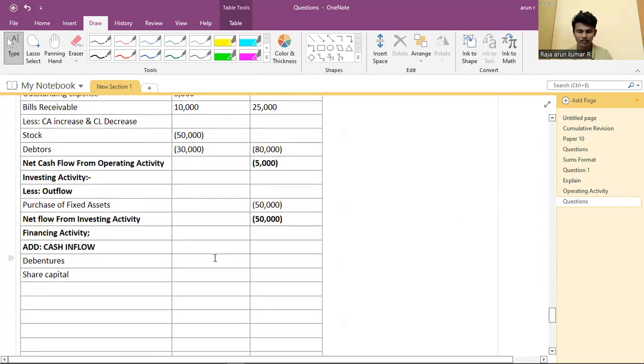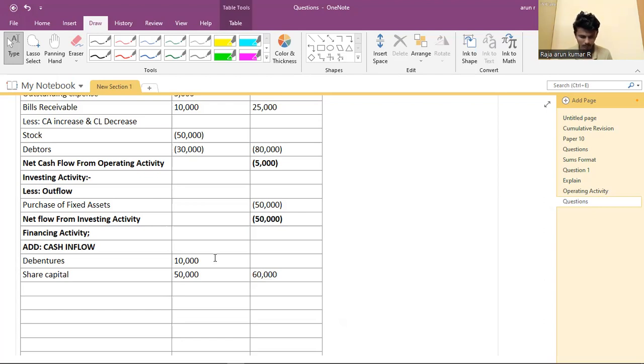The debentures, we collect the money of rupees 10,000. And the issue of shares is 50,000. Both we added, 60,000. There is no outflow of cash.